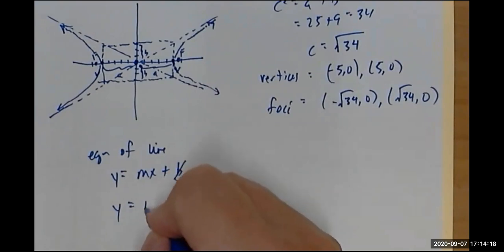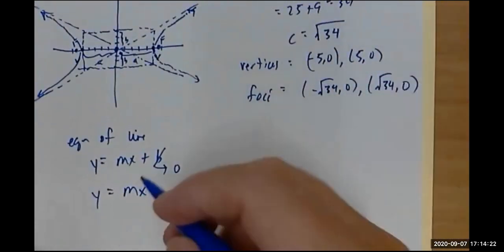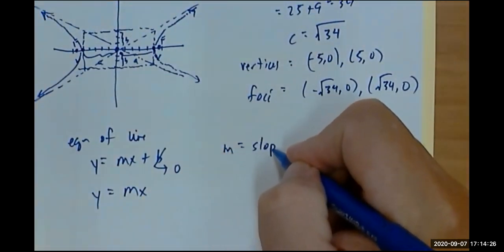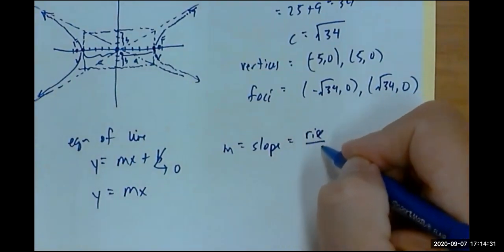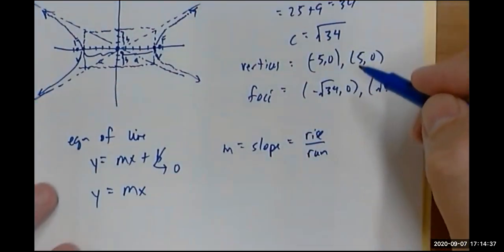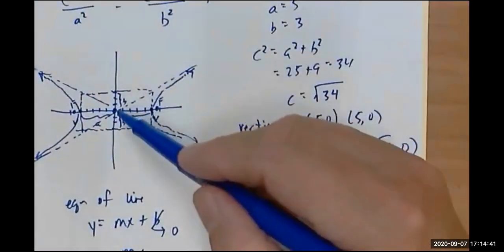So for these two asymptotes, the equation is going to be y equals mx. M, if you recall from algebra a few years ago, is the slope. A lot of times we think of it as a fraction where the rise is on top and the run is on the bottom, which means, if you recall, you choose 2 points on the line.